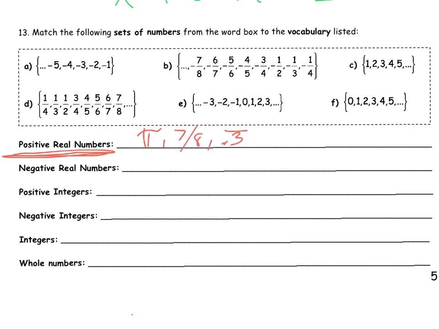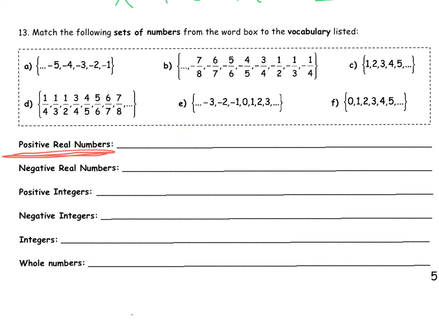Any positive real number could be a decimal. It could be an irrational number. Okay, but it's all numbers, positive real numbers. So what would satisfy positive real numbers would not deal with people.